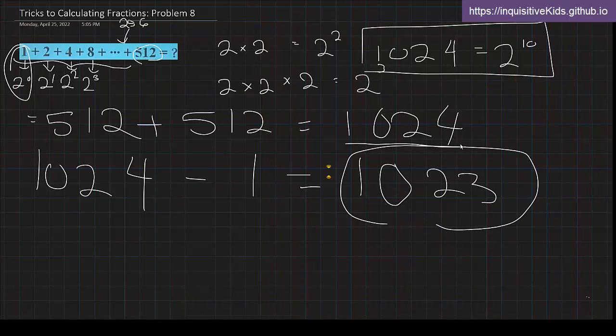And it's very helpful for you to also memorize all of the powers of 2, at least up to 10, because those numbers are going to come up again and again in your patterns and in your calculations, and it will follow you through middle school.